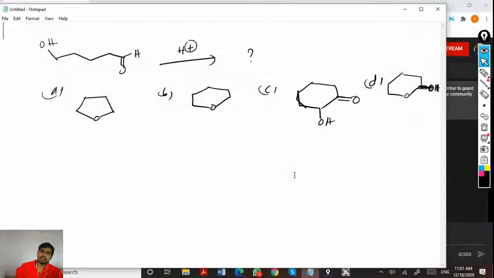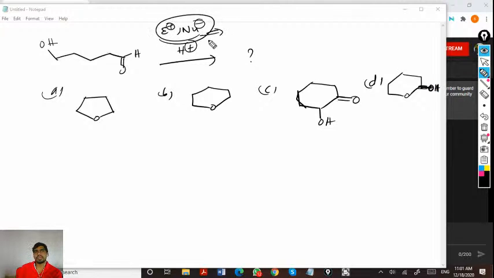So in these cases, you need to write the mechanism. Identify the electrophile and the nucleophile. If you can do that, half of the job is over. Here OH can act as a nucleophile because it has a lone pair.